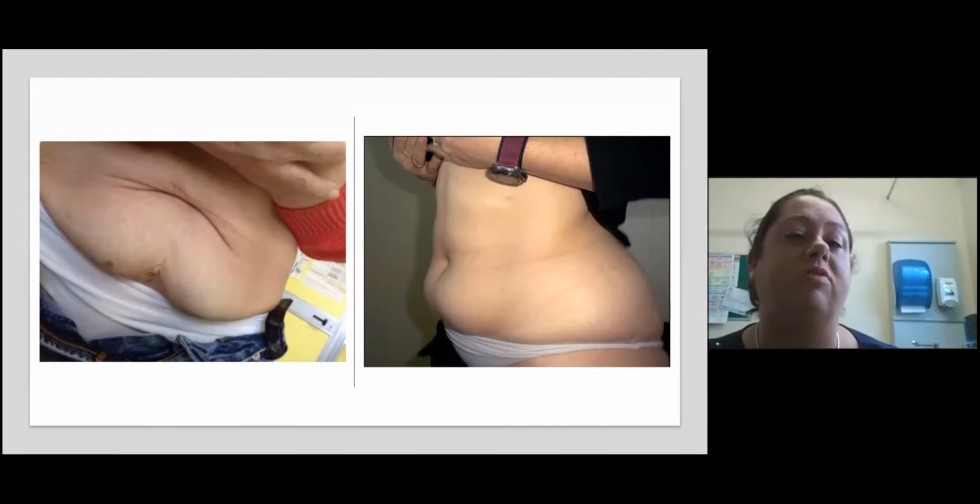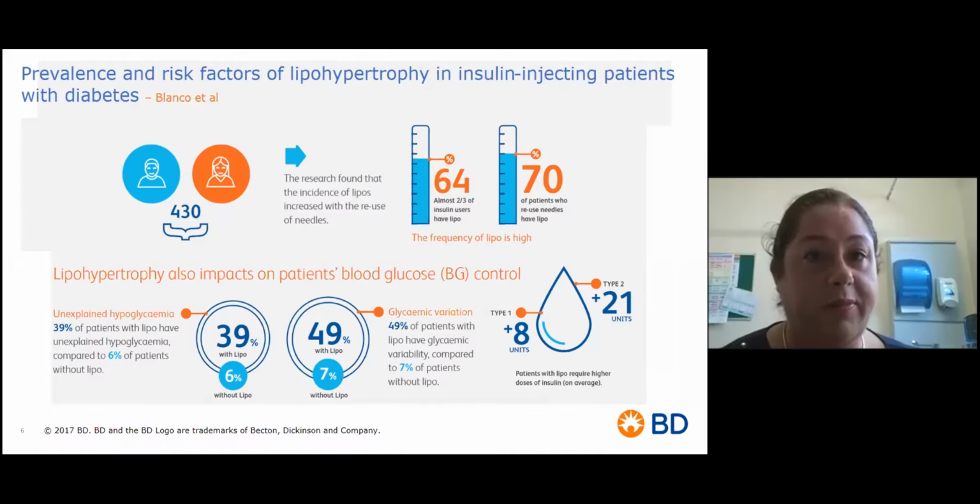When your patient comes in, it's really important that you actually do that physical check. Talk the patient through the process if it's a virtual appointment, and have the time to spend with the patient to do that. And then help to speak to the patient about what to do if you detect lipo, and what to do to prevent it. And it's all very relevant to everyday practice.